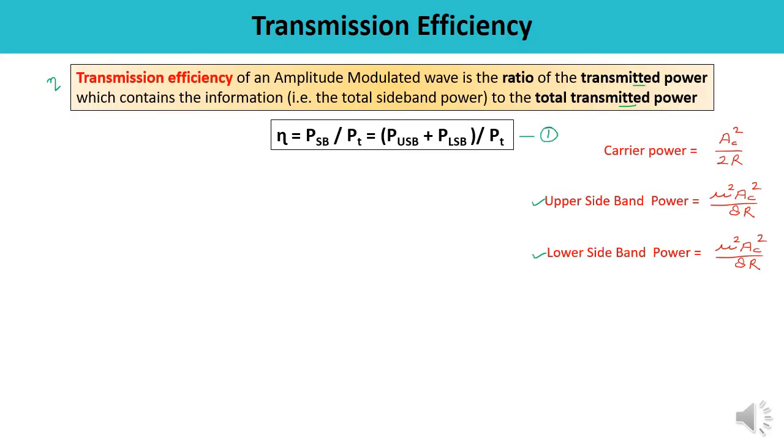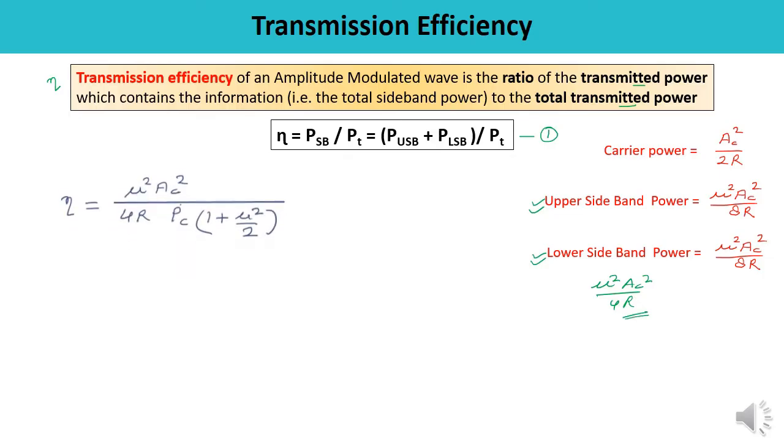What is the sum of upper sideband power and lower sideband power? Mu square AC square upon 8R plus mu square AC square upon 8R is mu square AC square upon 4R, because you are adding both the terms.